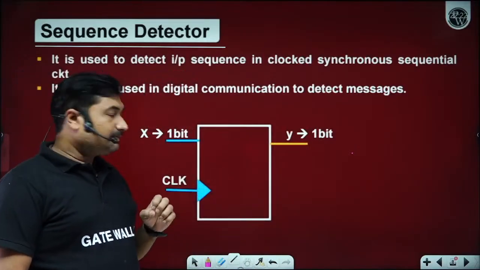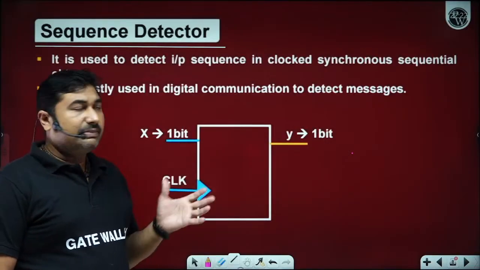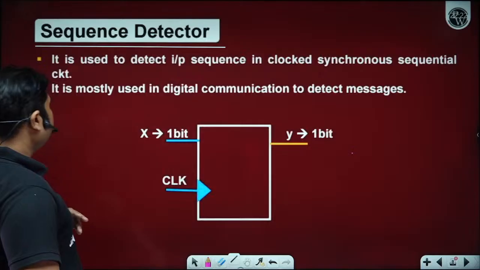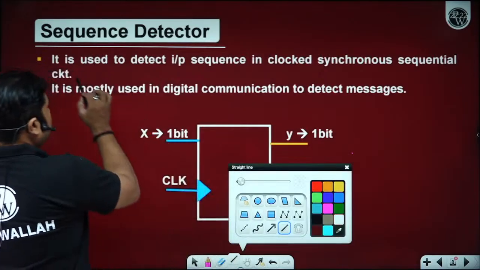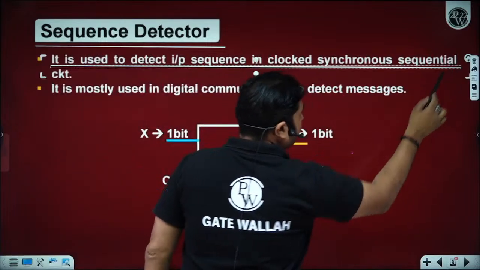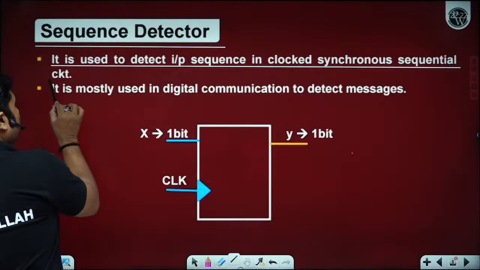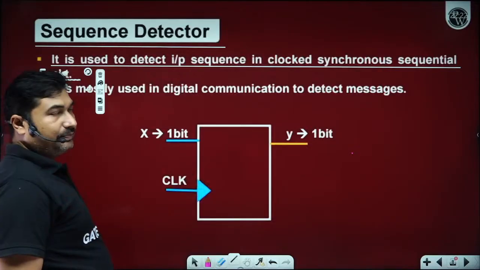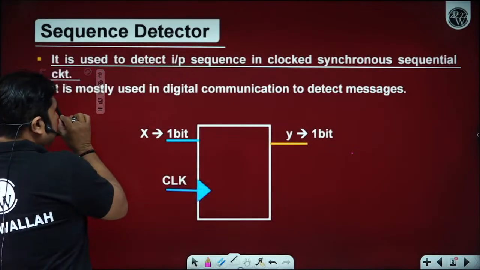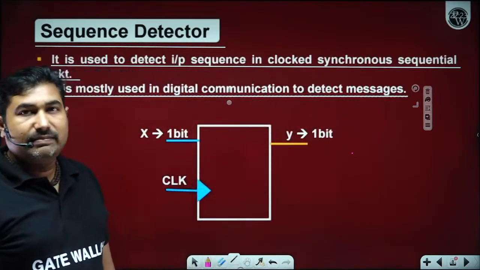We may have a 1-bit sequence detector. What is a 1-bit sequence detector? A 1-bit sequence detector is used to detect a specific input sequence in a clocked synchronous sequential circuit, mostly used in digital communication to detect digital messages.